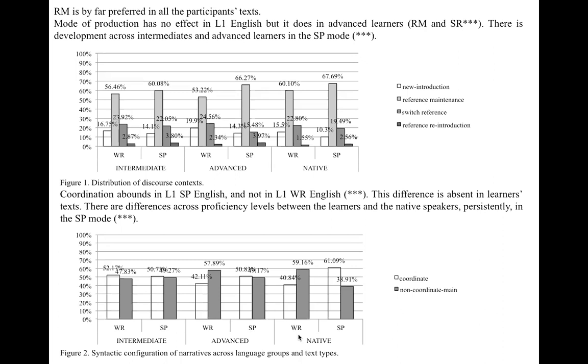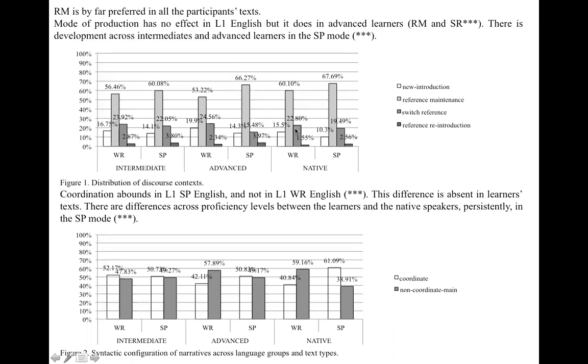First of all, in the first figure, what we can see is a representation of the different discourse contexts. What we can see is that for all 3 levels and for the written and spoken modes, reference maintenance is the discourse configuration that is largely preferred in all the batches. There's no mode effect here for the natives.